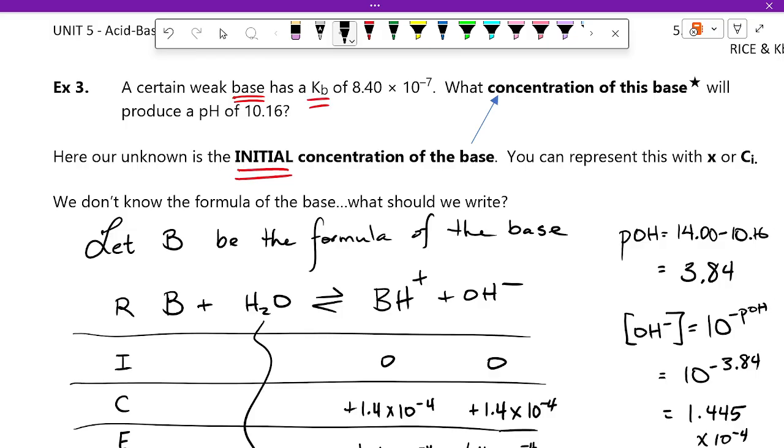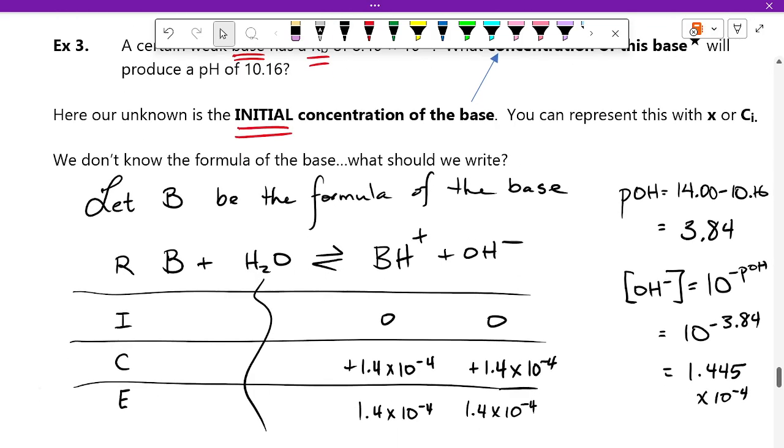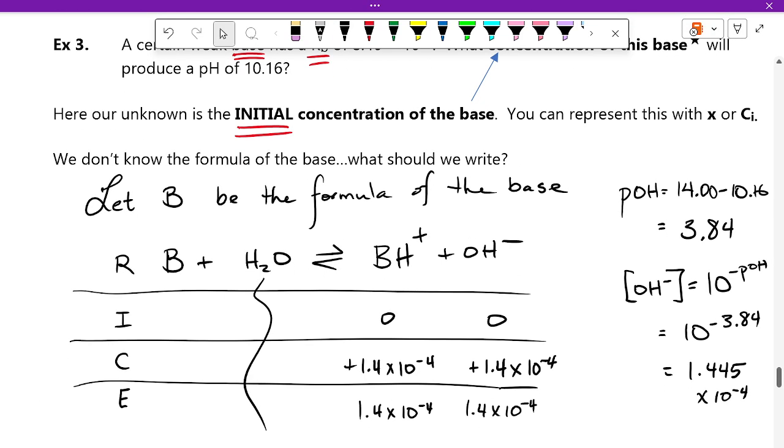What do I do over in that B column? What do I start with? X, because that is my unknown. Yes, I want to know the initial concentration.